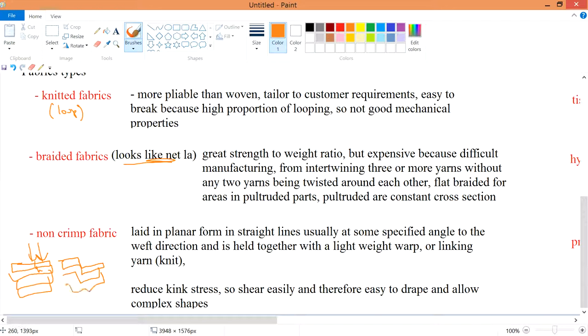This portion over here is called the shear stress. So you're able to tolerate most of the shear stress. So you can shear easily, and therefore it's easier to drape. You just drape it across other fibers and then go across another thing, so it's easier to form the weave or the fabric that you want.